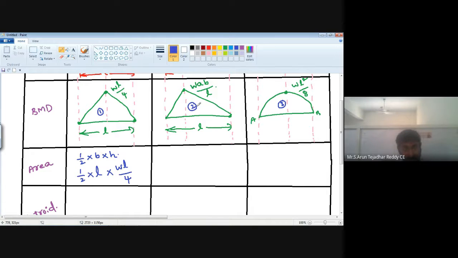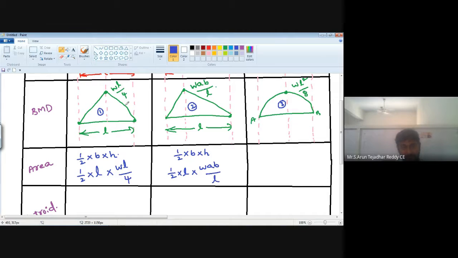The second diagram is also a triangle shape. Here also the area is half into base into height. Clearly we can write it as base is L, height is different here, that is W a b by L. Comparing the first and second diagrams, both look like a triangle and the span is the same, L and L, but the height is different.